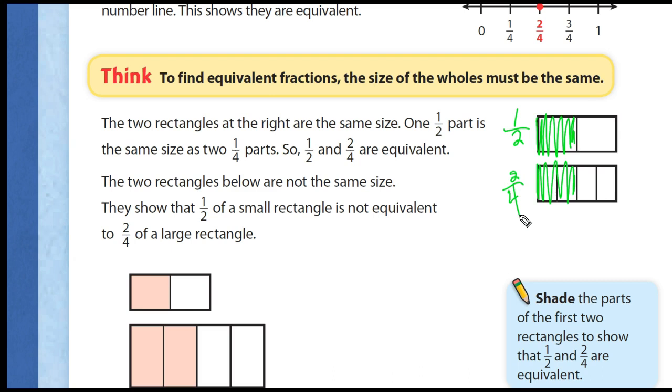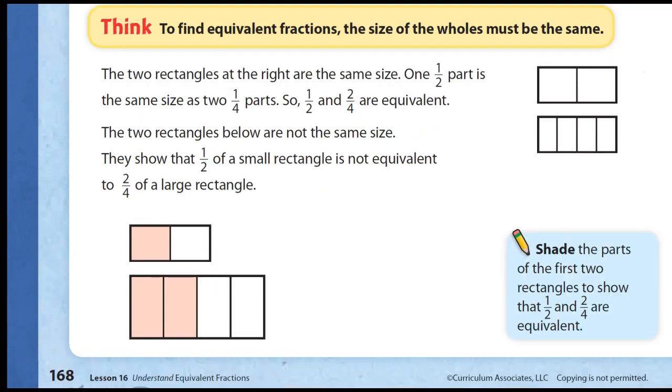And here's the example that they give you. Look at this one here. Even though it looks like the amounts are a little bit different, this rectangle, how much is that shaded in? One what? 1/2. This rectangle, 2/4 are shaded in.